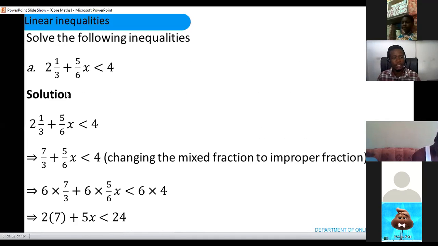So when you change the mixed fraction to an improper fraction, you're going to get 7/3. That is the improper fraction after changing the mixed fraction. We're going to get 7/3 plus 5/6x less than 4. Then from here, what do we need to do?